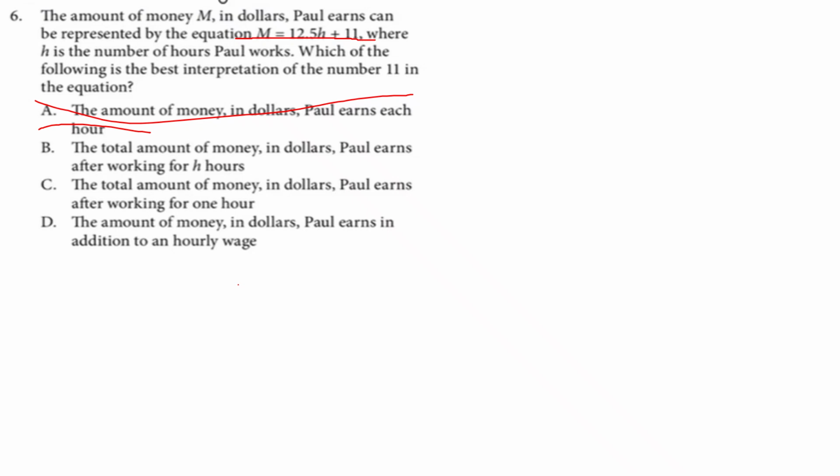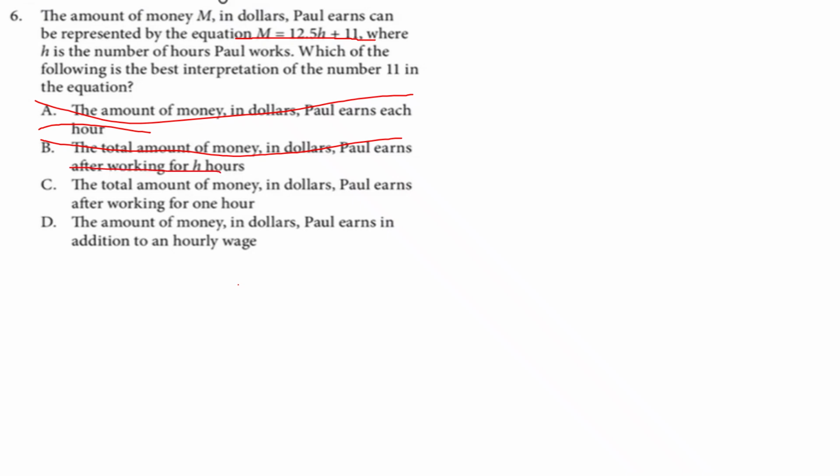That's kind of like the same thing with option A, where it's the amount of money Paul makes after working a certain amount of hours. We already said that if the number of hours changes, the money Paul earned is going to change as well. So we can get rid of B.